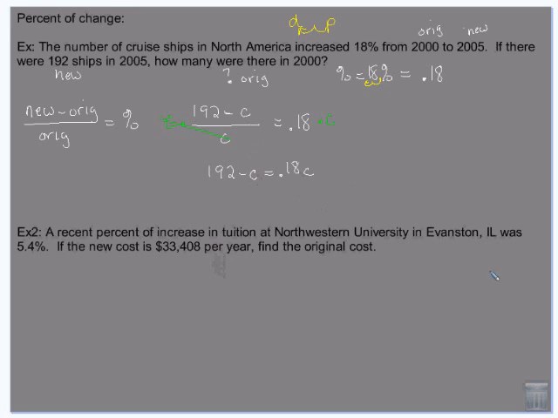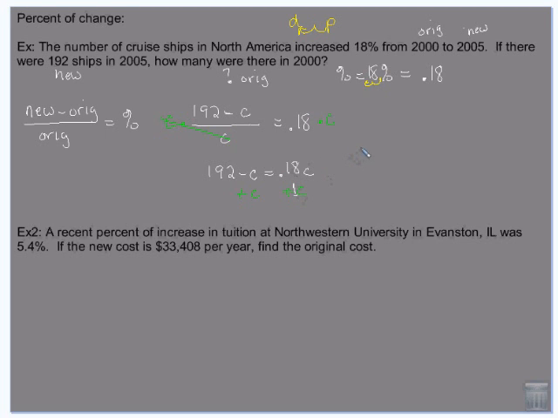So I want all my C's together. So since I have C's alone over here, I'm going to move this C to be with that C. Well, that's like a 1, right? An imaginary 1. So it's a 1.18.